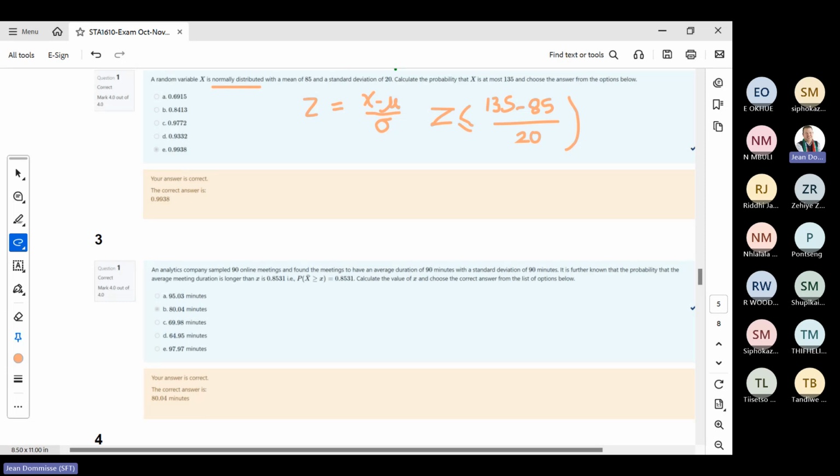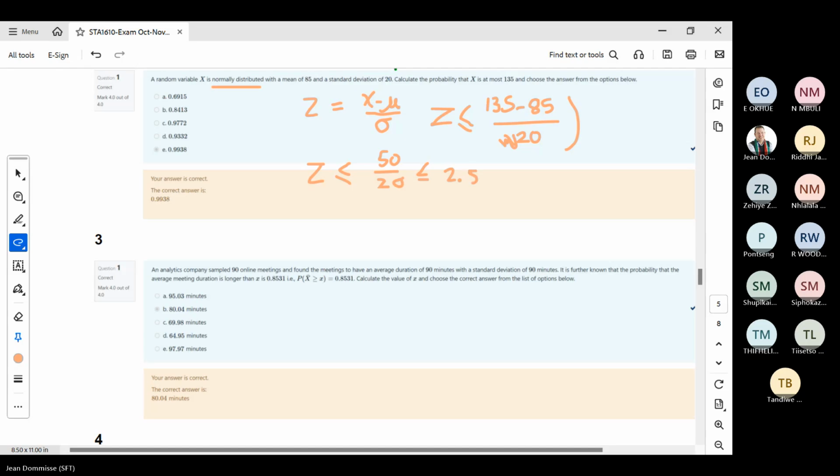Z is smaller or equal to 135 minus 85, I think it's 50, divided by, no, sorry, I wanted to say the square root. So that is what, 2.5.